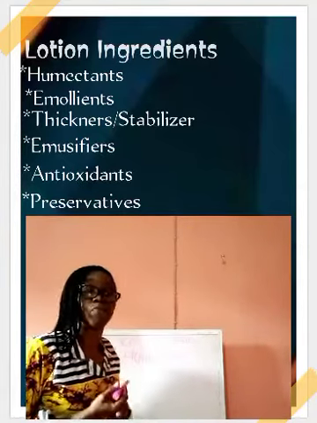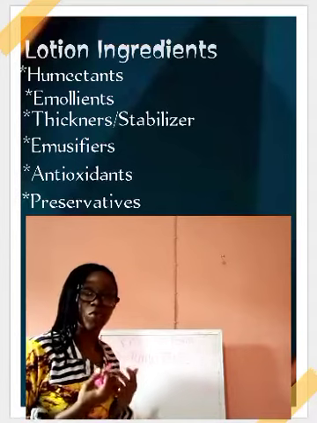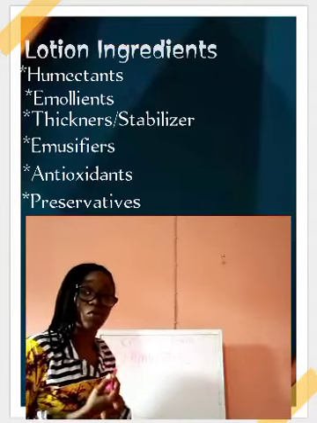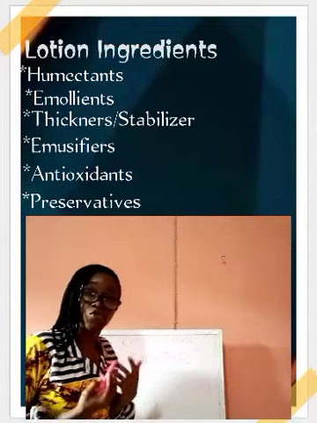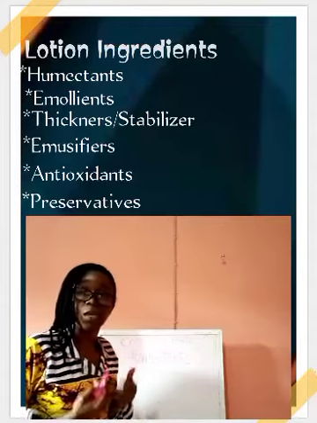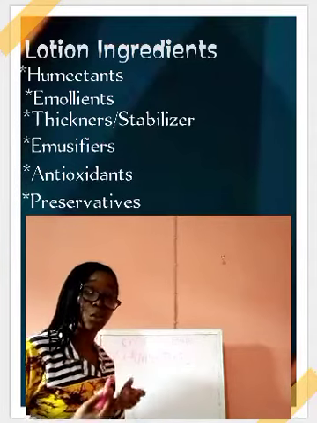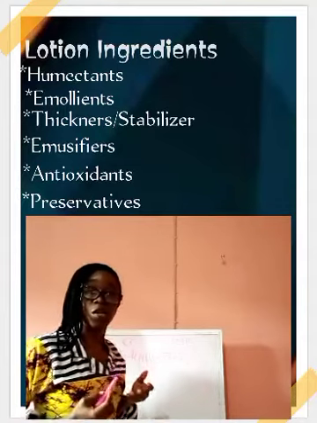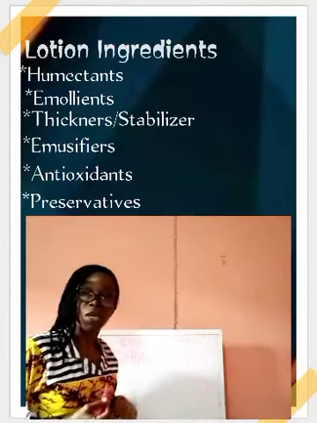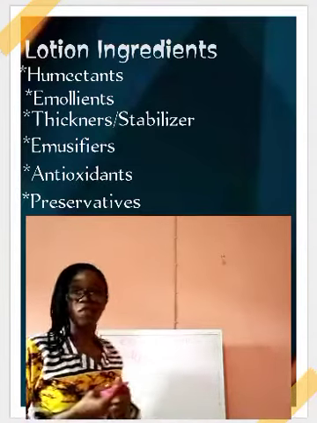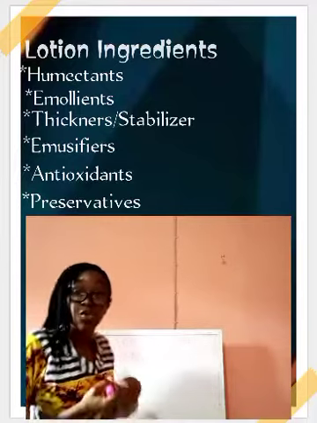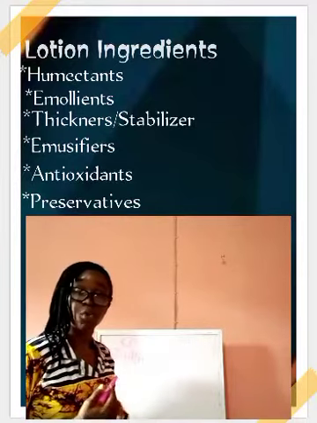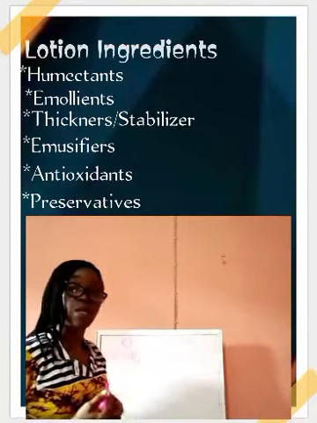Humectants are soft, liquid materials that give moisture to our body and are used in our formulations. For example, we have moisturizers like glycerin, honey, and aloe vera juice, which are used in our lotions to form our lotion solutions.